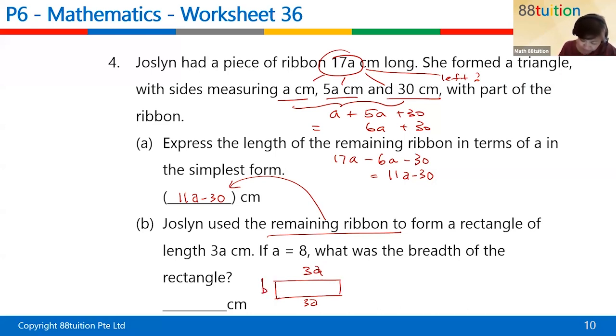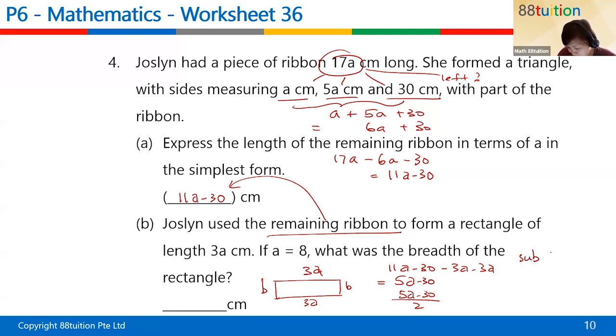And this is what you're asking for. The remaining ribbon is 11A minus 30 minus away 3A and 3A. Okay, so 11 minus 6, you get 5A minus 30. But you need to divide by 2, because of the 2 breadths.